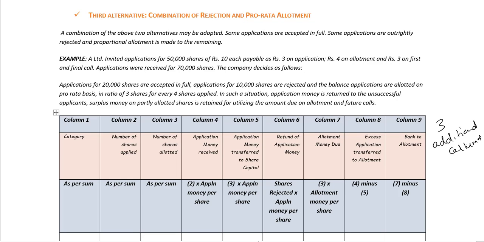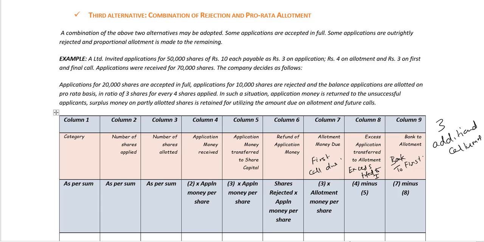Now, in case the excess application money is to be transferred to call, please remember, for every call that excess application money is transferred to, we will have 3 additional columns. The first one, which will be the 10th column, is first call money due. The 11th column would be excess application transferred to first call. And the 12th column would be bank to first call.